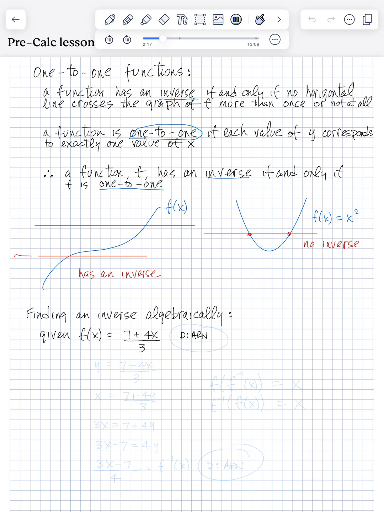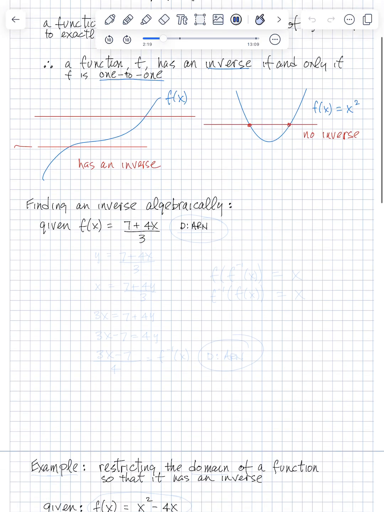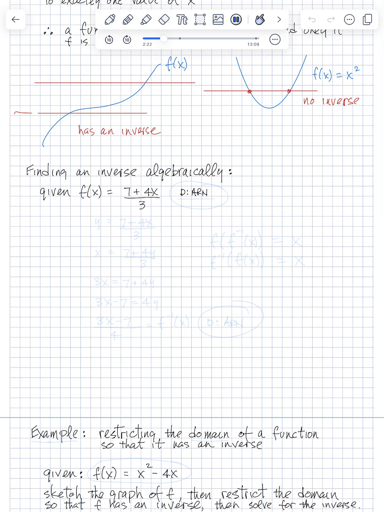So finding an inverse algebraically, we've already done this, but we'll just do another example. f of x is equal to (7 plus 4x) over 3. And we know by looking at it, the domain of this is all real numbers. So let's go ahead and find the inverse. We're going to say y is equal to (7 plus 4x) over 3.